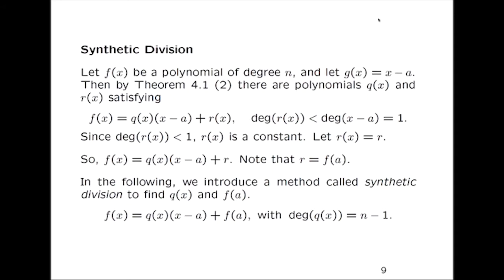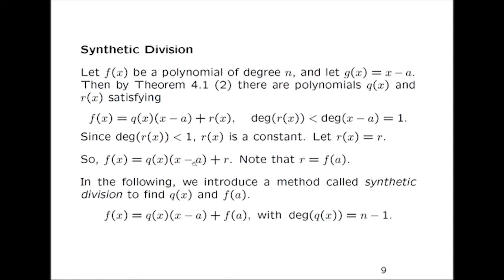And if you believe that you need practice, that is also explained in the Khan Academy and also e-college. In e-college there are many exercises. Okay, so please try. Okay, so this is the method to calculate q of x and r of x, constant r, if you want to divide f of x by x minus a.